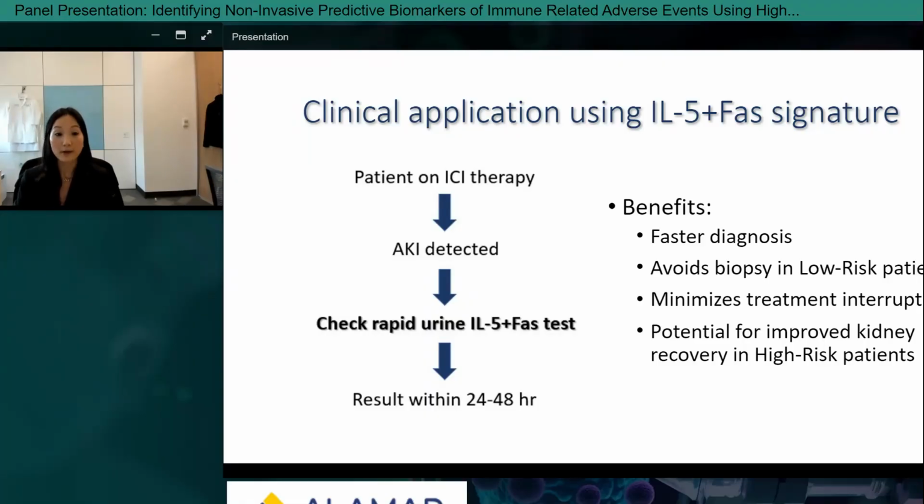It avoids the need for unnecessary kidney biopsy in the majority of patients who develop AKI. It minimizes treatment interruptions, and potentially it's also going to improve kidney outcomes for those patients that really have AIN, because we'll be able to diagnose and treat them faster.